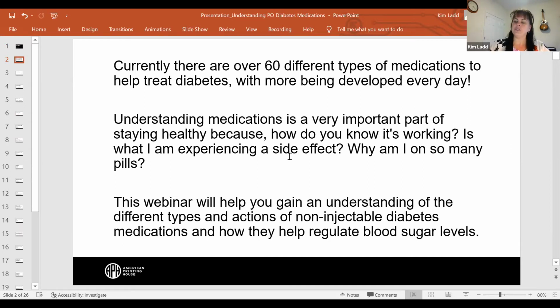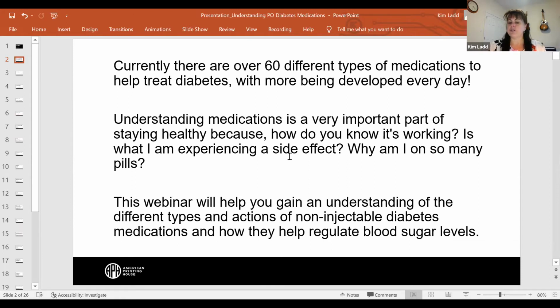So what I wanted to do today with the oral medications was just kind of help explain them in a simple manner, the differences between them and their mechanisms of action, because the different classes work in different ways to help improve your blood sugar levels. And, you know, understanding medications is a very important part of staying healthy. You need to understand it so that you know that the medication's working.